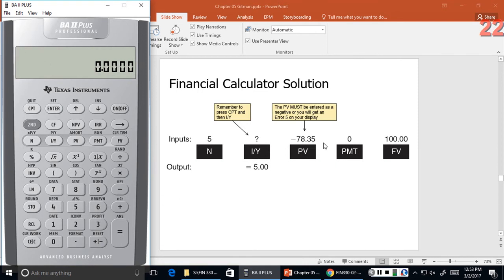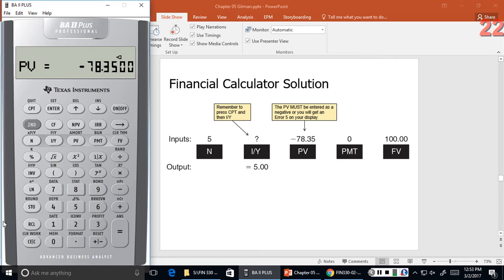Notice we've got our present value. This is a negative, so I would put this in as 78.35. And now, to make it negative, you're going to use the plus minus key. You're not going to use this. You're going to use this one to make it negative, and then you're going to press the present value key, PV.